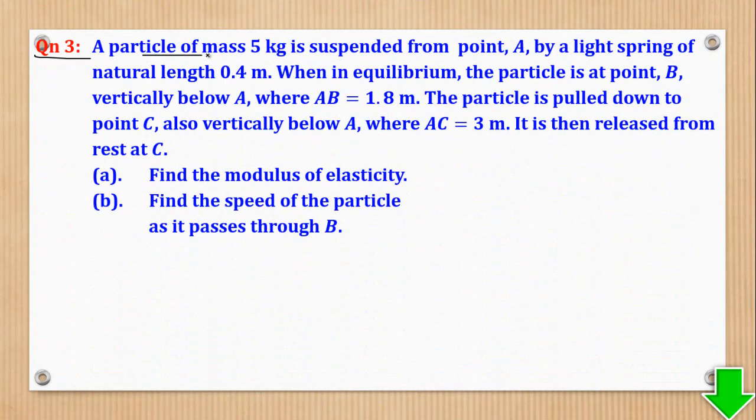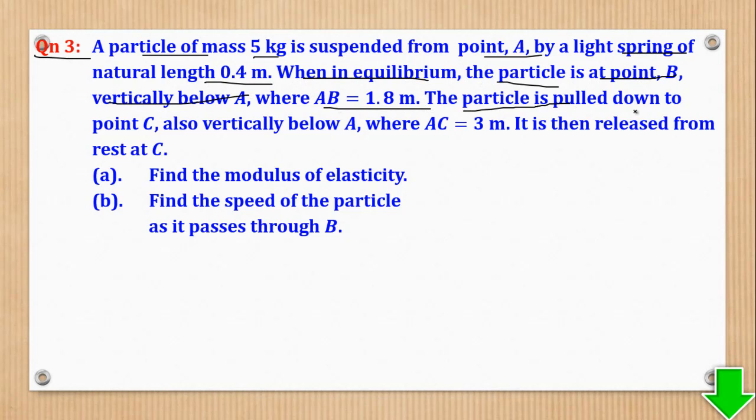Question 3. A particle of mass 5 kilograms is suspended from point A by a light spring of natural length 0.4 meters. When in equilibrium, the particle is at point B, vertically below A, where AB is 1.8 meters.